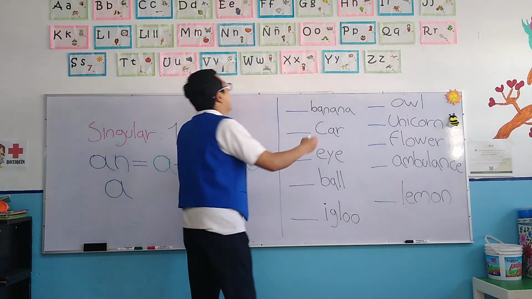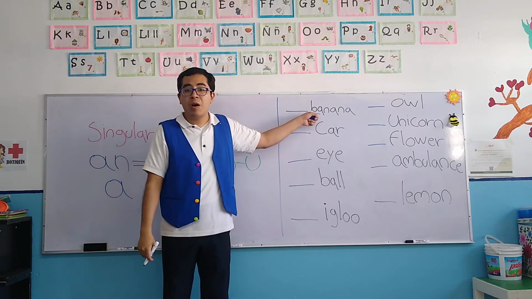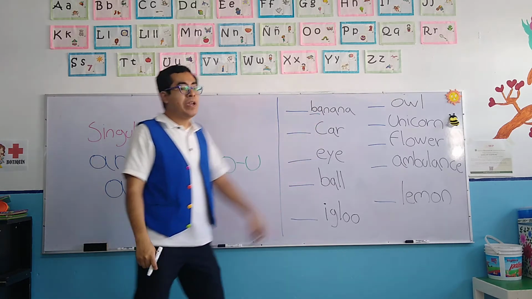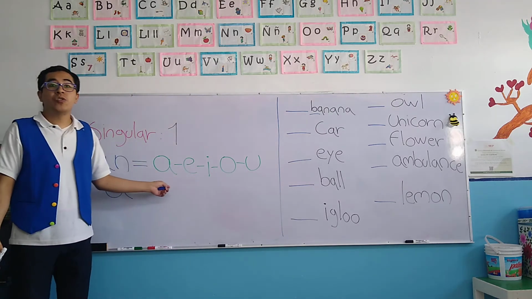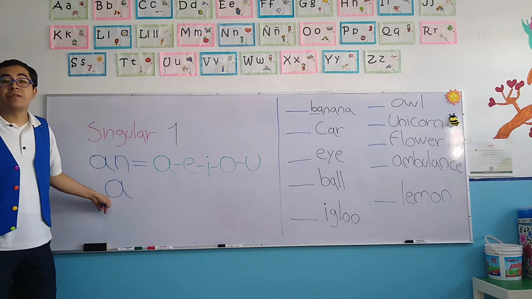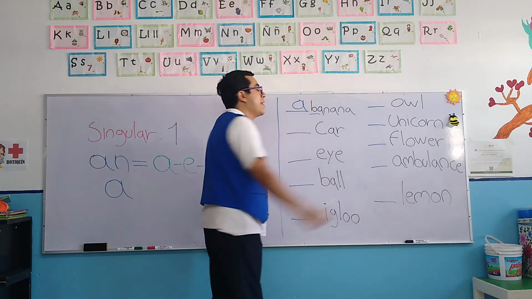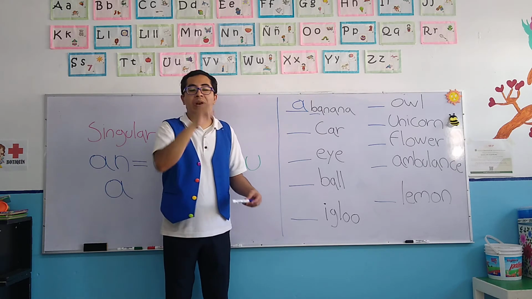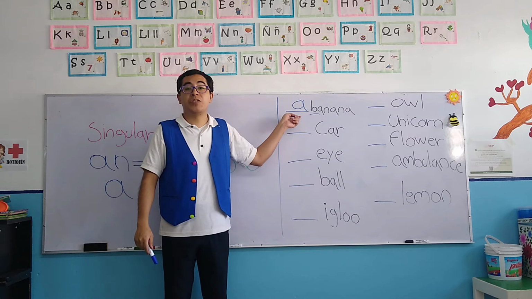This one, banana. The word banana begins with the letter B of Brenda. The letter B, is it a vowel? No. So we write, escribimos a. A banana. Una banana o un plátano. Now my word is singular.